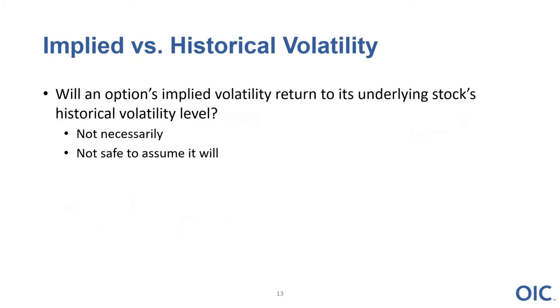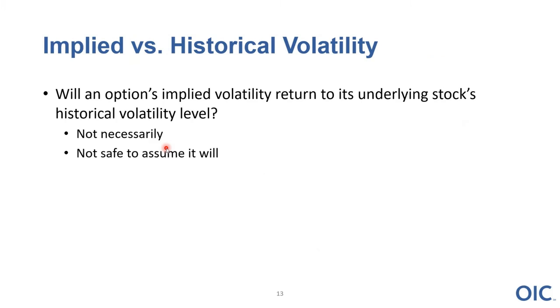We'll start to get into a bit of the discussion on what do you do with volatility? How is this relevant for options users? First of all, you have to start asking questions. When you observe an implied volatility level, will it return to the underlying stock's historical level if there is some kind of variation? Will that happen? Of course, that's not necessarily true.